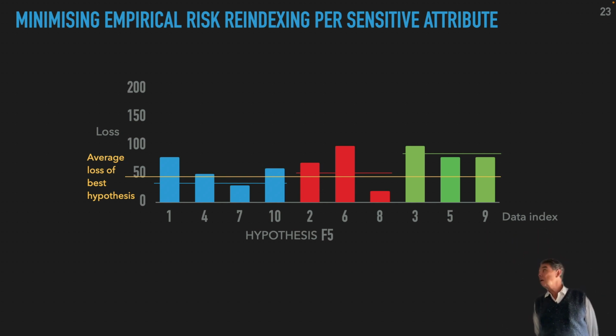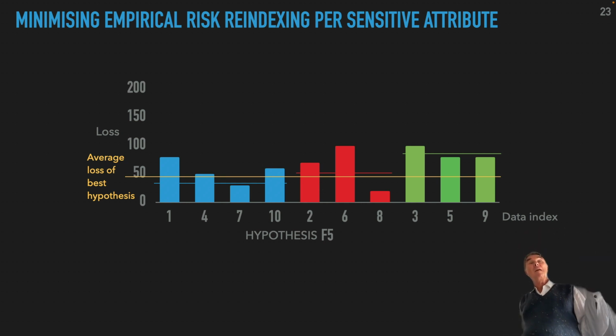You'll see that? And the blue people are benefiting. The average risk for blue is smaller than the average risk for red, is smaller than the average risk for green. Now that's inevitable when you've got these bars of different height, right, generically.